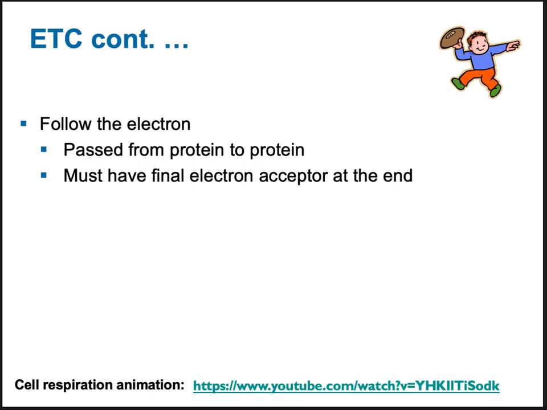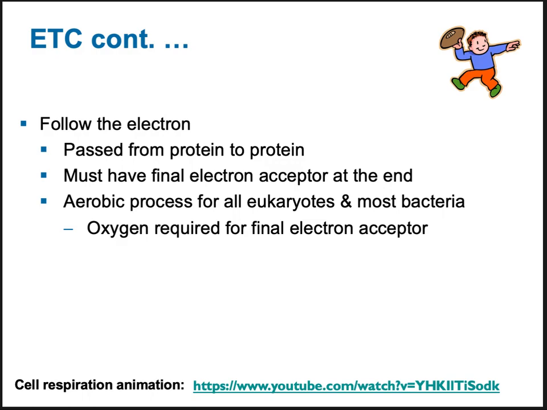Once you stop having that electron acceptor available, the whole system is going to shut down. The electron transport chain will shut down, and then the Krebs cycle will shut down. Okay, so you have to have a final electron acceptor in order to carry out cell respiration. If it's aerobic, the electron acceptor is oxygen. If it's anaerobic, it's something else.